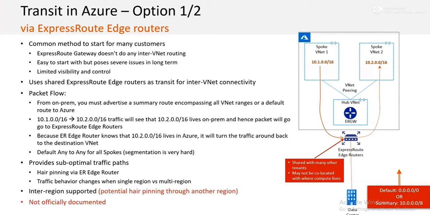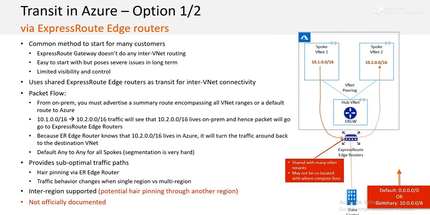This method is not officially documented by Azure, but again, is the most common deployment that we see from a lot of customers. The challenge, though, is that we're just sort of taking advantage of some default routing that happens natively in that underlay. Now, those ExpressRoute routers are very multi-tenanted. There's a lot of customers who have private circuits that are connected to them, and they all may be using the same kind of method.